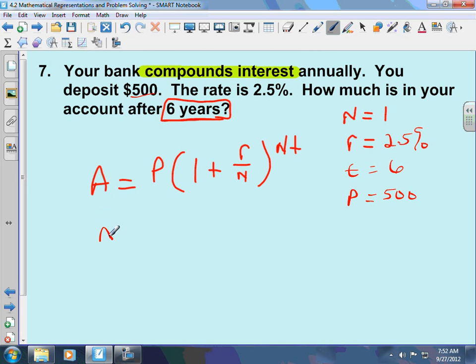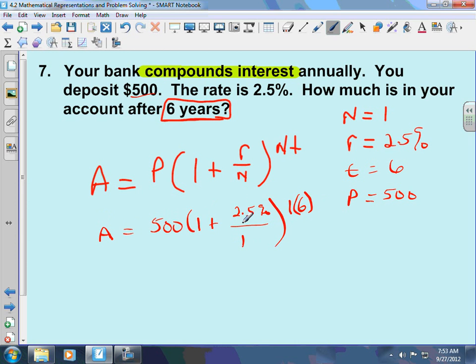So you throw this all into this formula. 500 times 1 plus your rate, 2.5%, over N, which is 1, all raised to the 1 times 6 power.